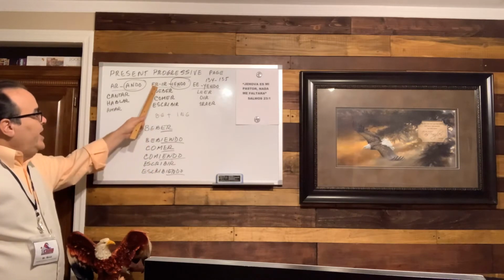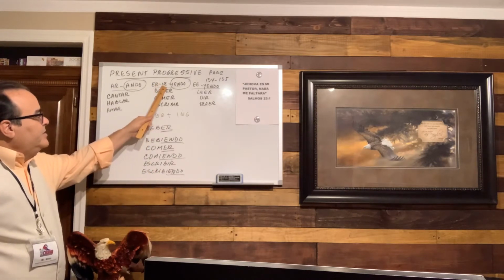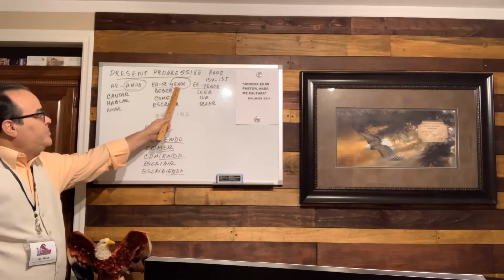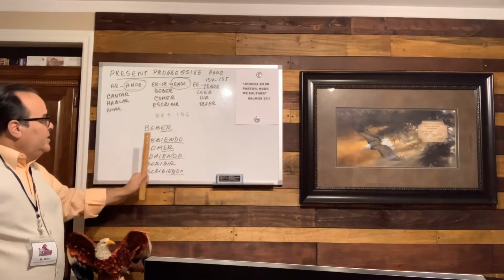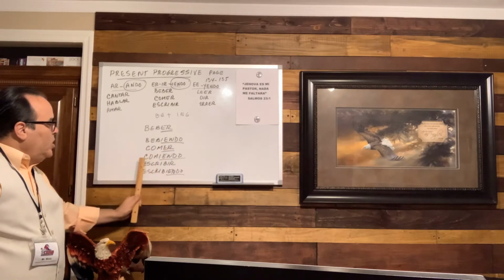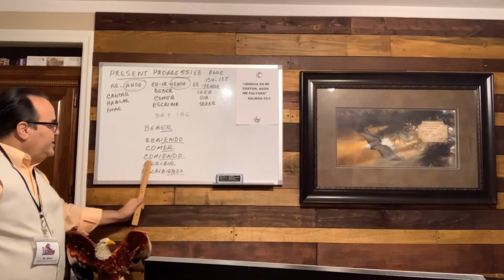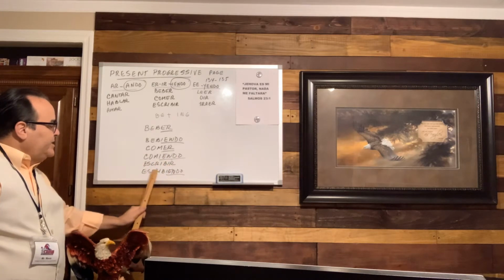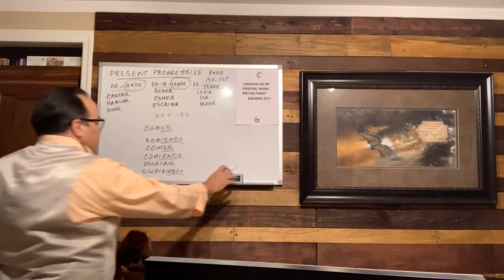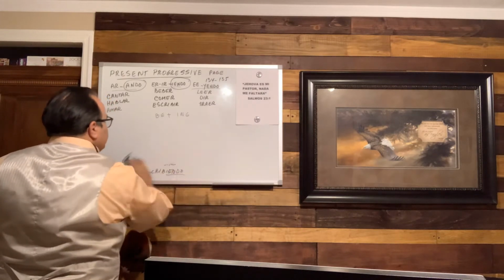So the ER and IR endings are going to have exactly the same ending for the present progressive, yendo. Beber, bebiendo. Comer, comiendo. Escribir, escribiendo. And then we have the last one.